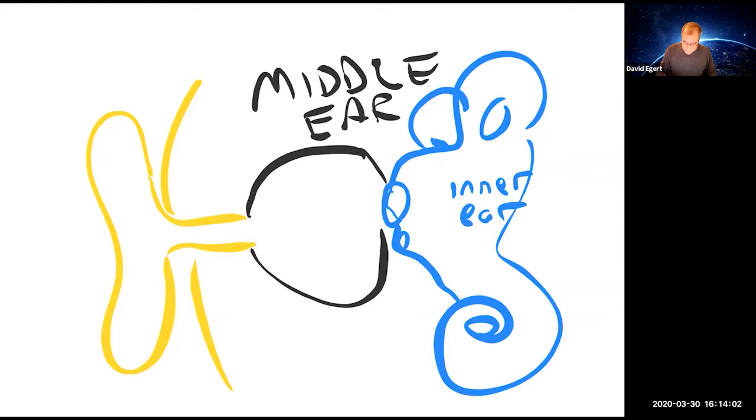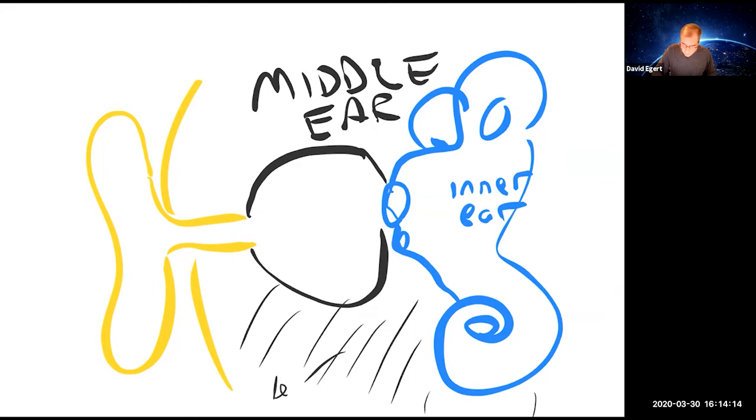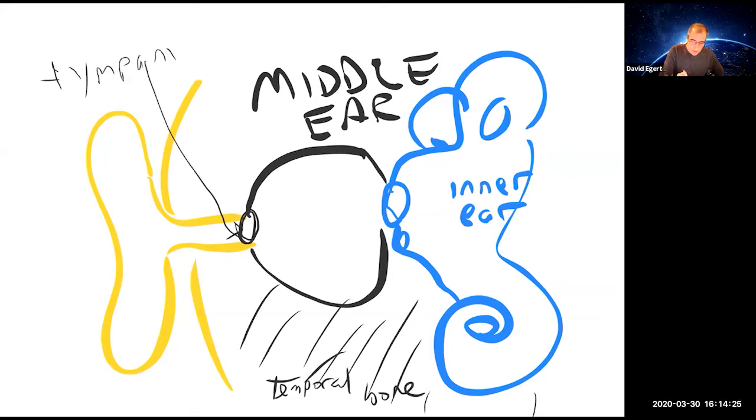Again, this is all in the temporal bone here. Here's the eardrum, or the tympanic membrane. And those little ossicles, again, the hammer, the anvil, and the stirrup.